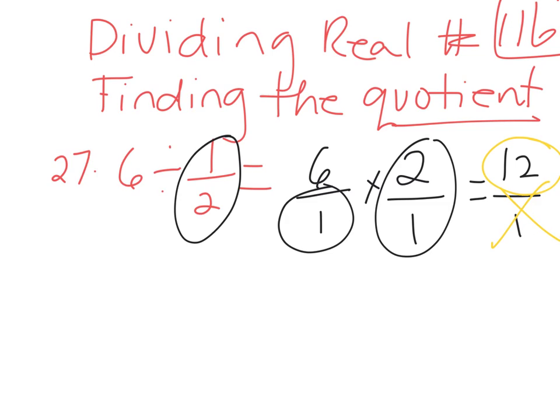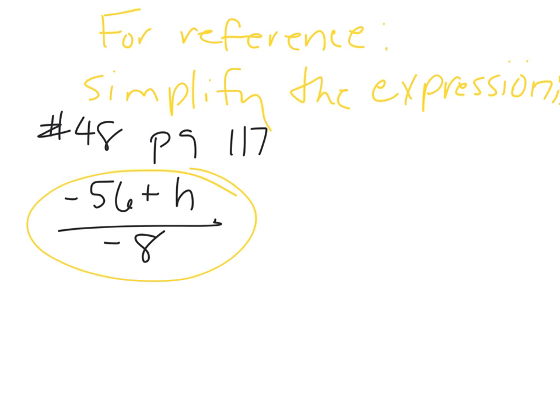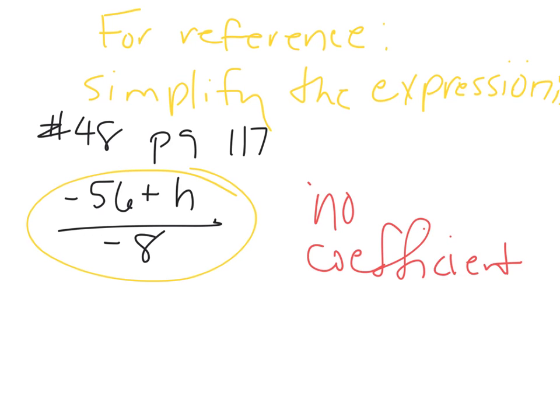Okay, now just for reference, if you were asked to simplify the following expression, number 48 on page 17, negative 56 plus h over negative 8, you can't. This is already simplified because there's no coefficient other than 1.